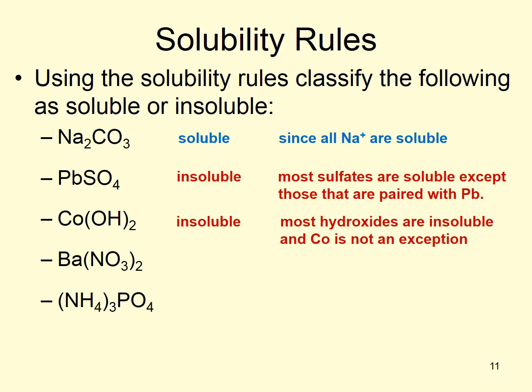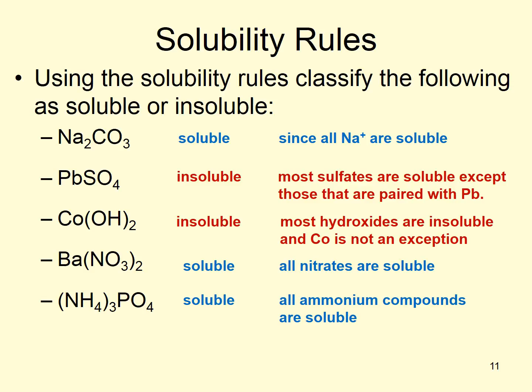Well, again, we don't have any rules for barium, but we do have rule number 2 that says all nitrates are soluble. So this compound should be soluble because it contains nitrates. And then the last one, you probably can see that all compounds that have ammonium ions, NH4+, are also soluble. So that's how you use the solubility rules.